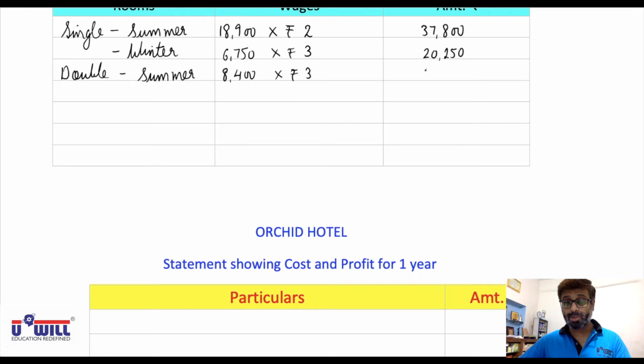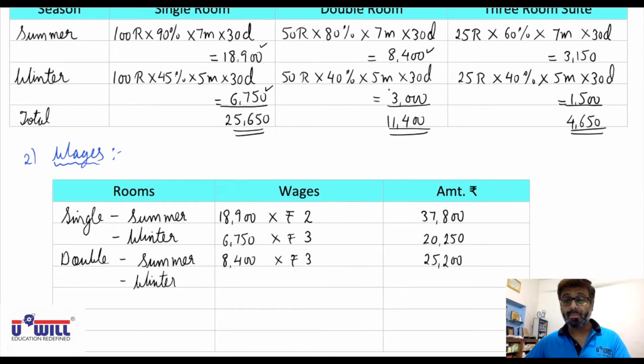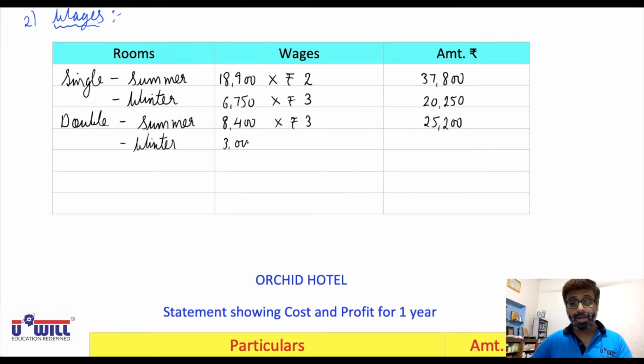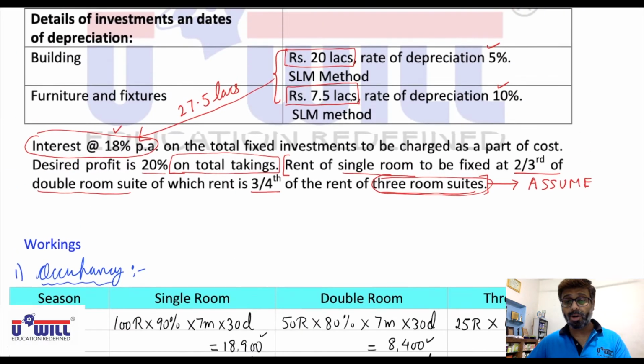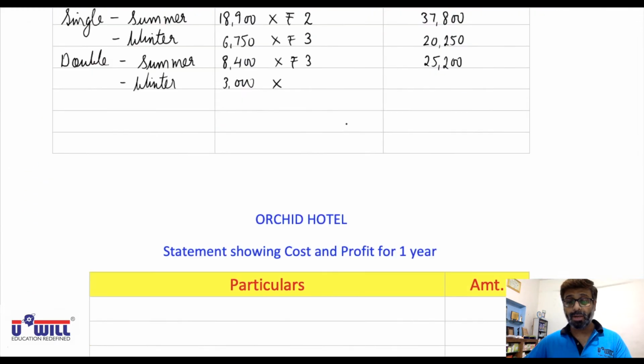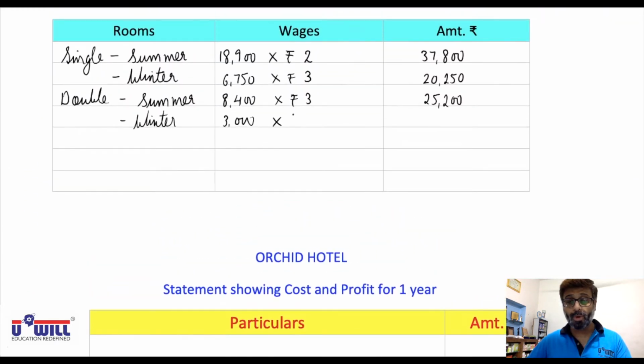So 25,200. For winter, 3,000 rooms go on rent, and the rate per day is 4.5 in winter for double rooms. So into 4.5, 13,500.